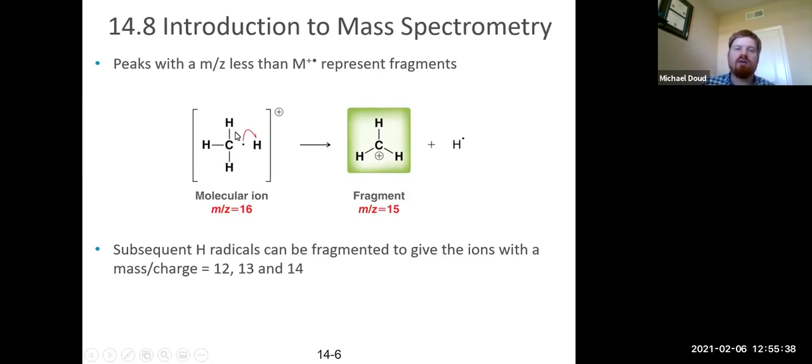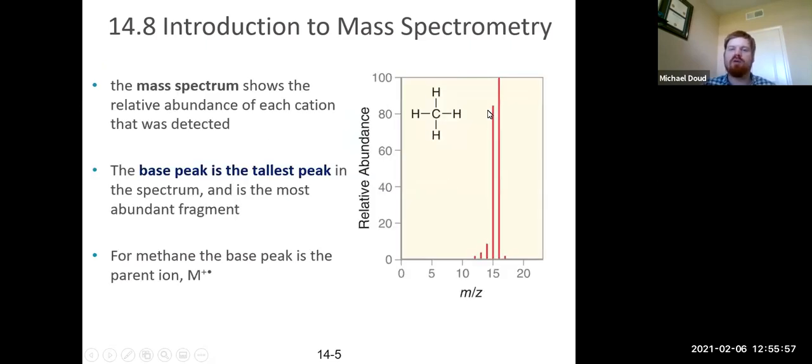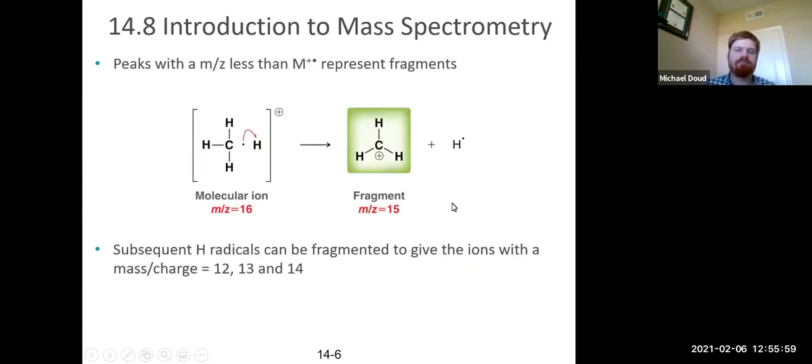And sure enough, if you take the molecular ion that we would predict from methane and you fragment it, you get this methyl carbocation fragment that shows up at M/Z equals 15. That's a pretty good indication of where that peak at 15 comes from, which is the second most abundant. Then you can fragment it further and break off more of these protons basically as it passes through the ionizing source.